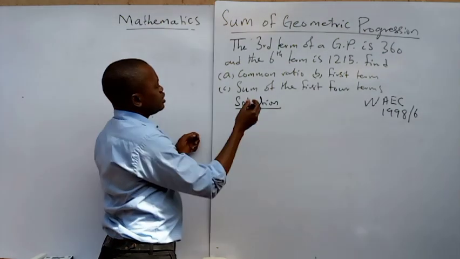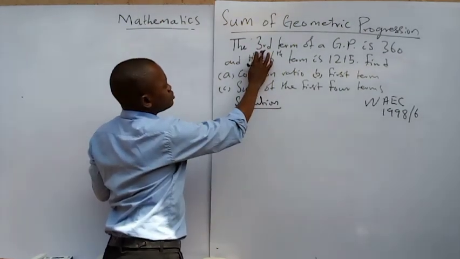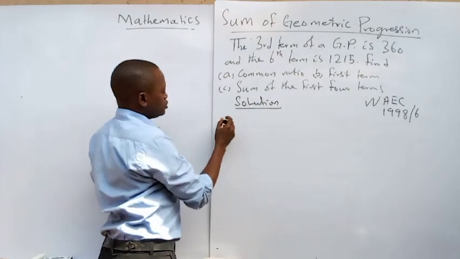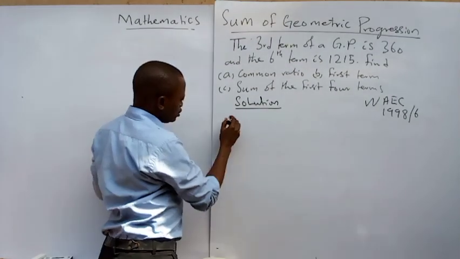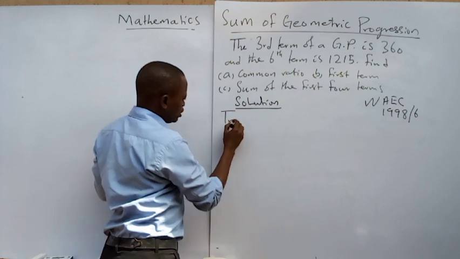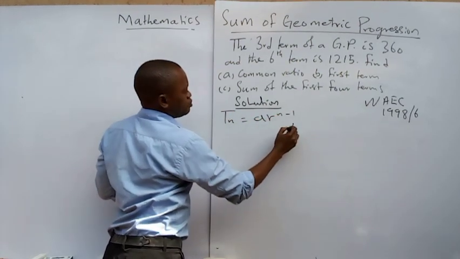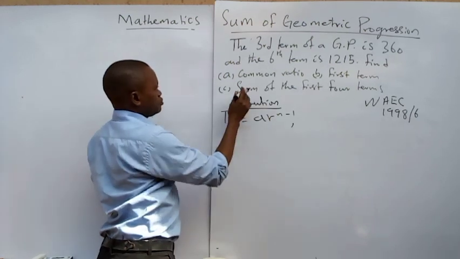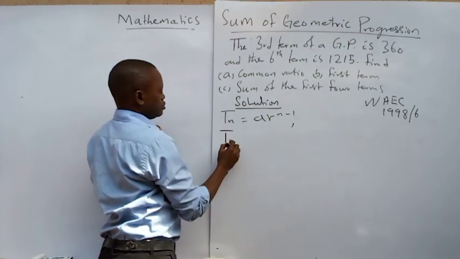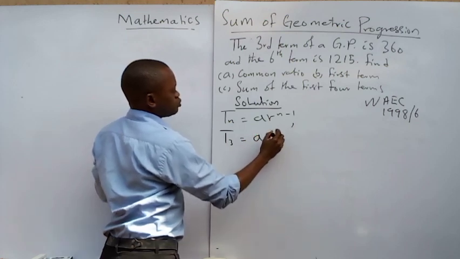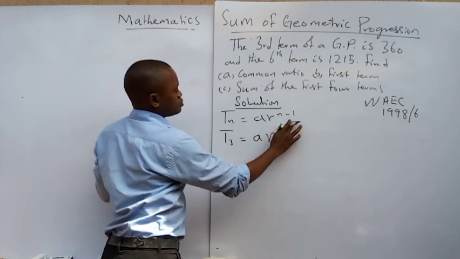If I look here, I'm seeing the third term, and that third term's value is made available. So from the mathematical expression, Tn equals a r raised to power n minus 1, I will start with T3. T3 is a r raised to power 3 minus 1.